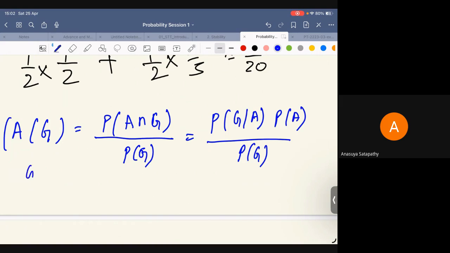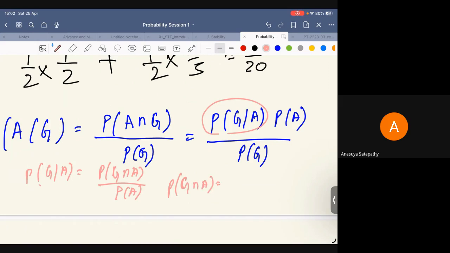If you want, I can show you this part. Probability of G given A: can I write it as probability of G intersection A divided by probability of A? How can I write probability of G intersection A? I can multiply these two, probability of G given A times probability of A, right? It's the same thing which I wrote here.